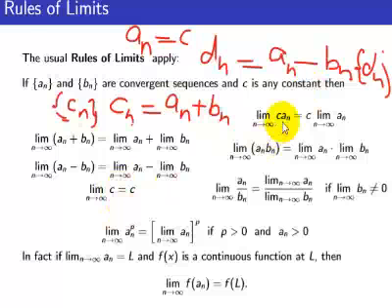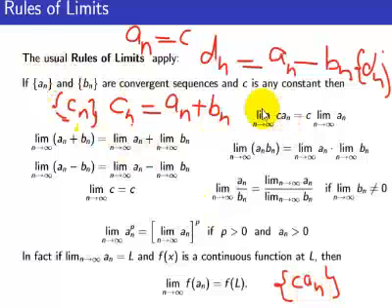And so if you multiply this sequence by a constant C, then you can generate another sequence. Let me write that down for you: C times A sub n. This is another sequence. When you talk about the limit of this sequence, we know the limit of A sub n.